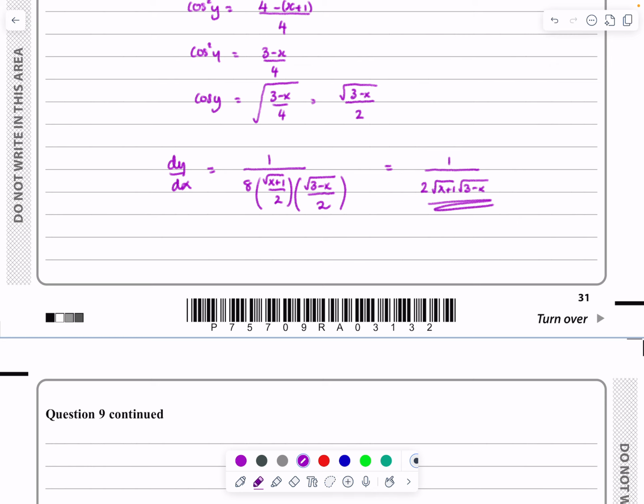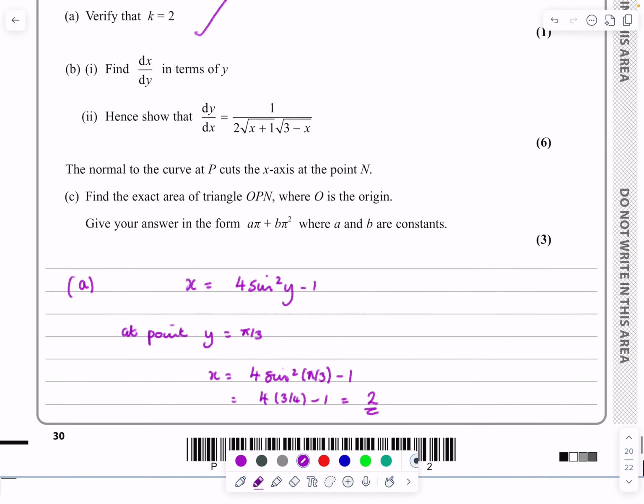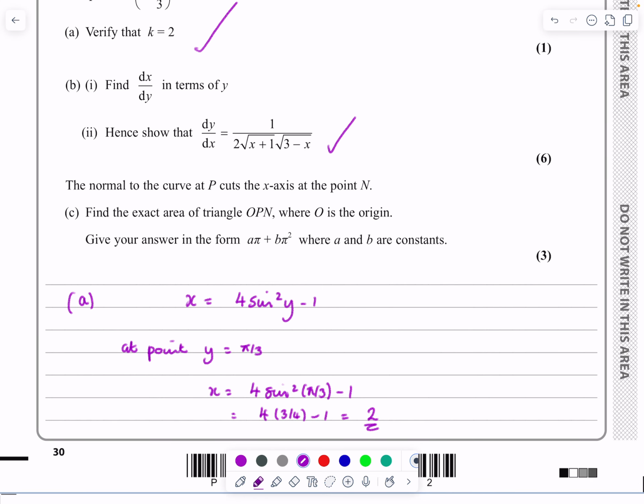And that's what we were trying to do for B part 2. So we've managed to do all of B now.